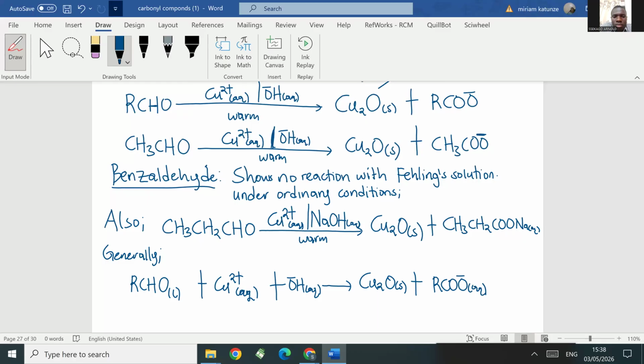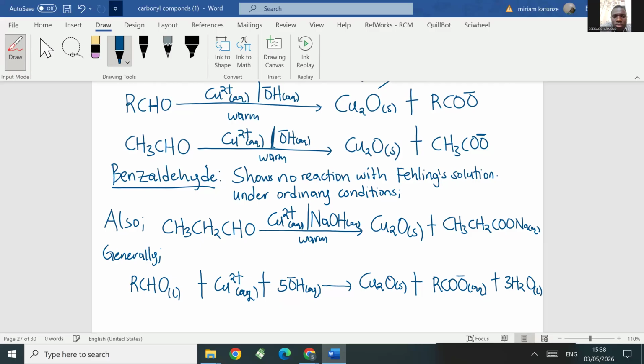Anyway, if I put a 5 there, those are 6 oxygens on the left. This side I'm having 3, so I'm going to need 3 moles of water.